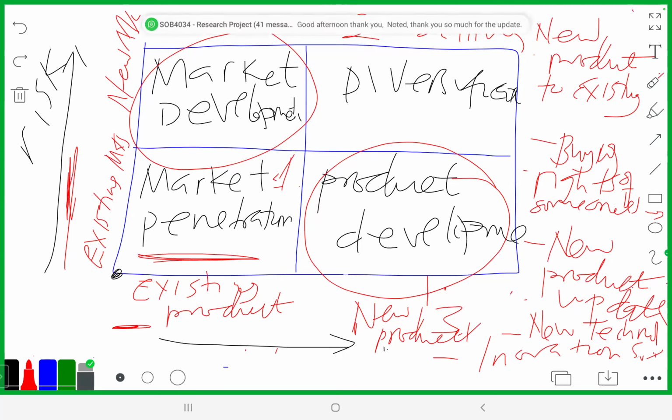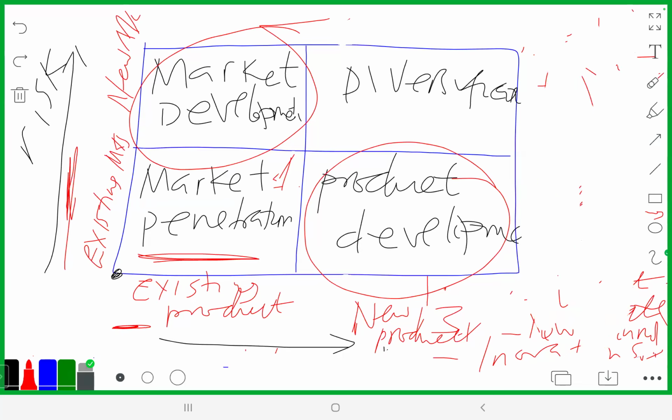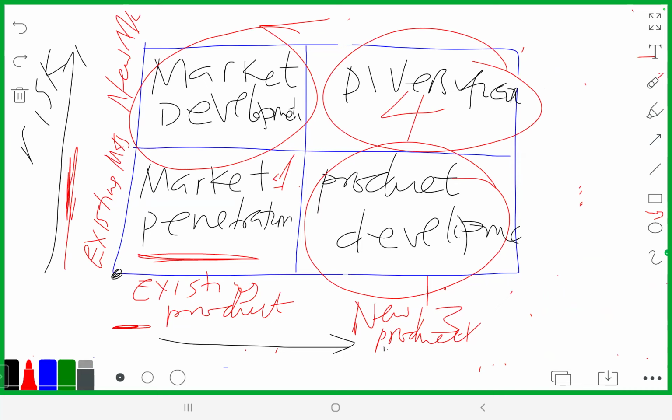Once you look at that, then you can have diversification as the 4th one. What do we do under diversification? Number 4, diversification.